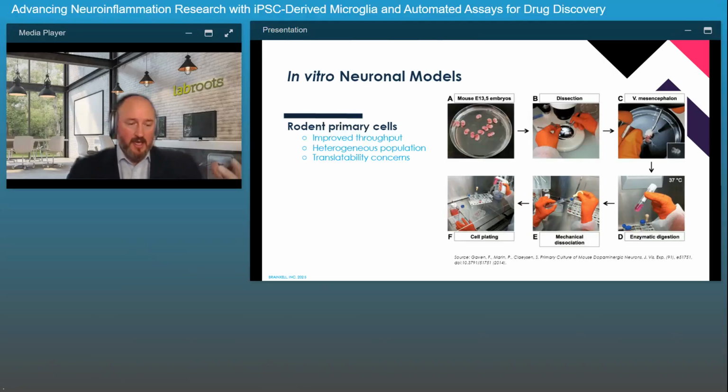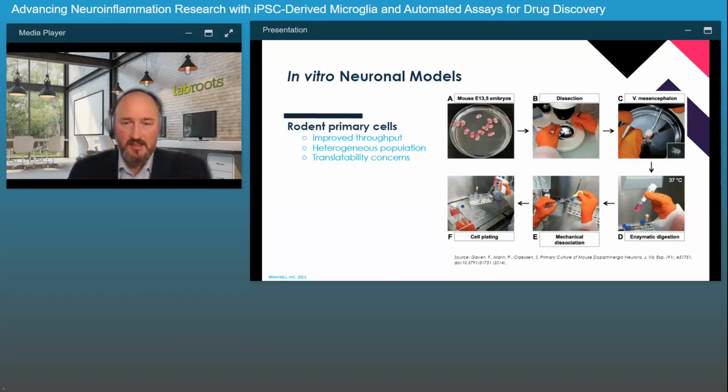So if we want to take a look at neuro research, there are a lot of different in vitro models that can be used. For in vitro neuronal models, one of the biggest is really using rodent primary cells. If any of you have ever worked in neuro and done in vitro work, you may have worked with mouse or rat primary cells. So you know the process of collecting and processing these cells and then coming up with, hopefully, a pure mixture of cells.